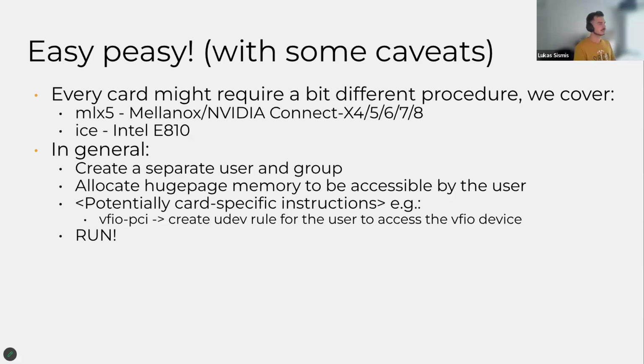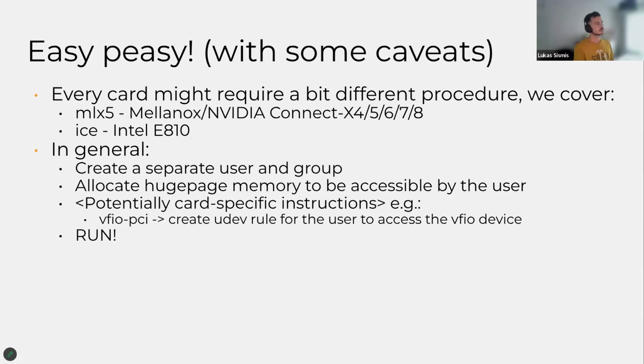In the end, it wasn't that brutal, but it required some fiddling around. I will work with ConnectX 6, but it worked for me for other NVIDIA cards as well. And we will also show how to set it up on Intel E810. In general, we need to create a separate user and allocate huge pages.